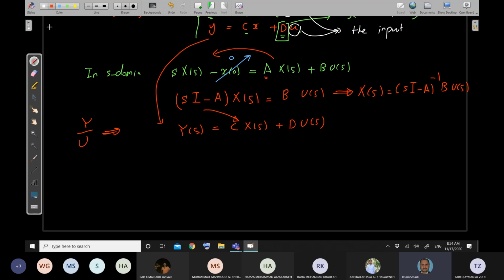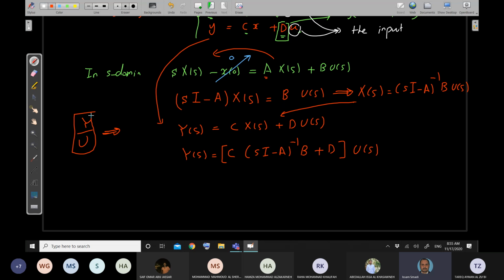So I will plug the solution in here. So y of s will equal C S I minus A inverse B plus D, all multiplied by u of s. Now this is the definition of the transfer function.